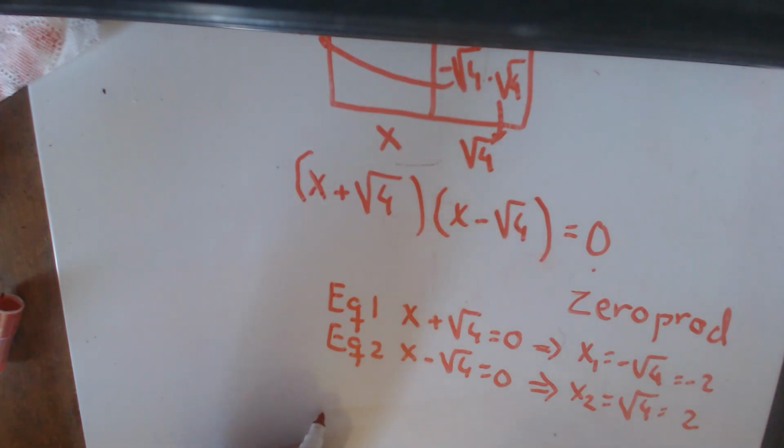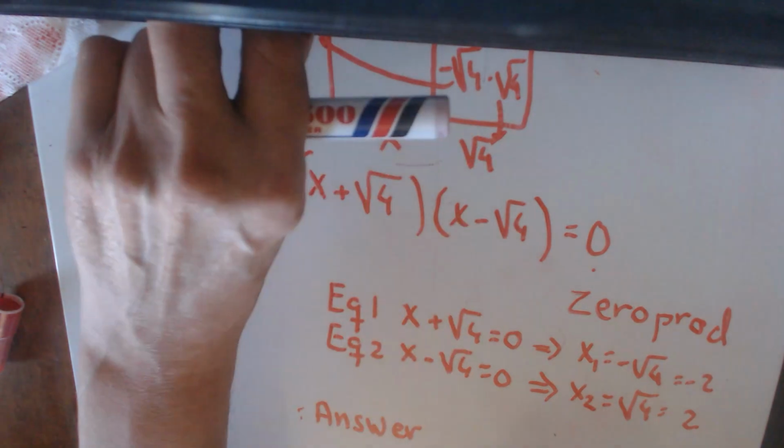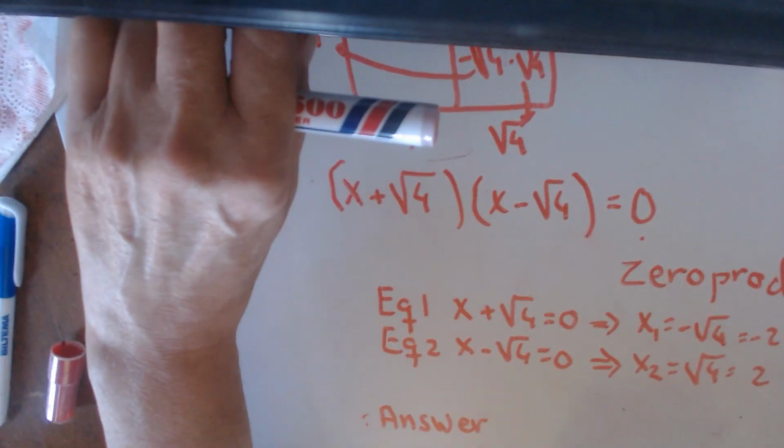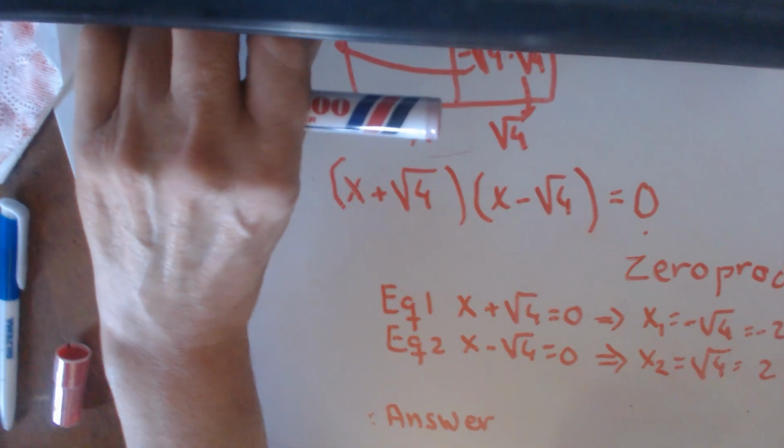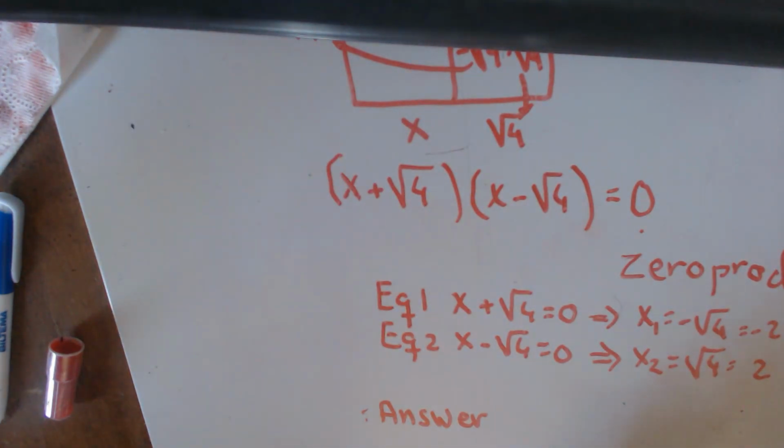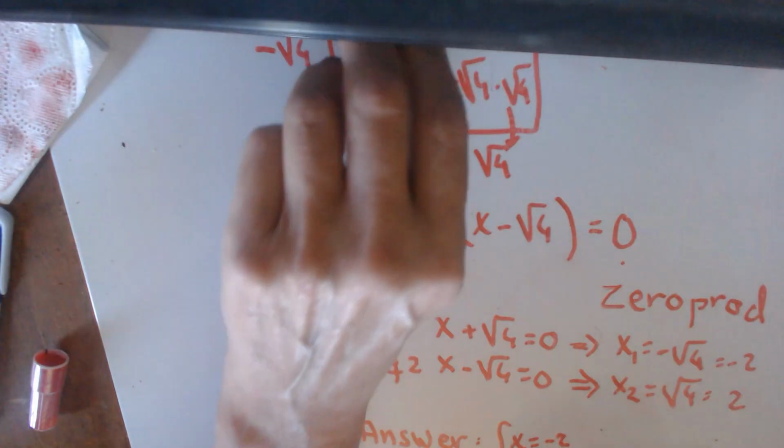So the answer: x1 is minus 2, x2 is plus 2. And that is the answer.